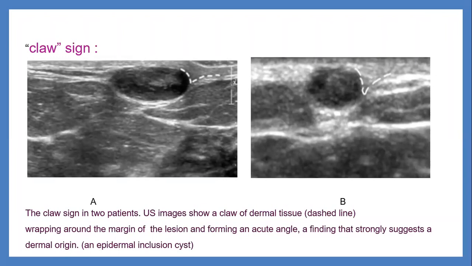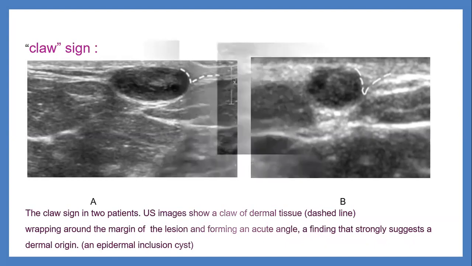You can see it in many organs to differentiate whether the lesion is arising from that organ. If part of the organ tissue wraps around the lesion, causing an acute angle with it, that strongly suggests its origin. And this is the case of an epidermal inclusion cyst arising from the dermis.